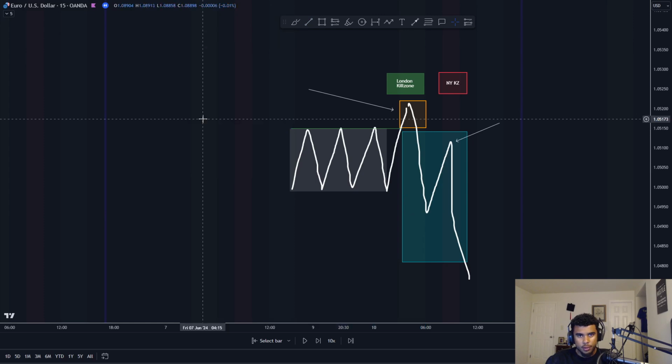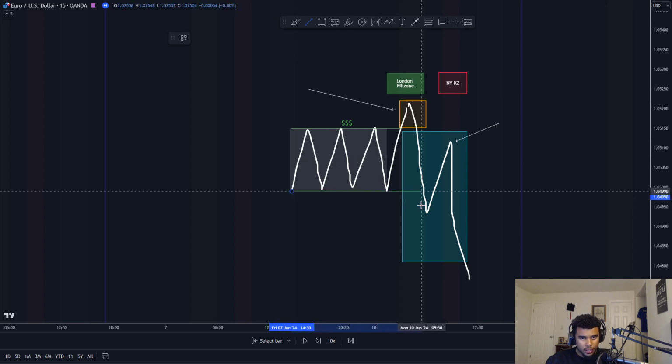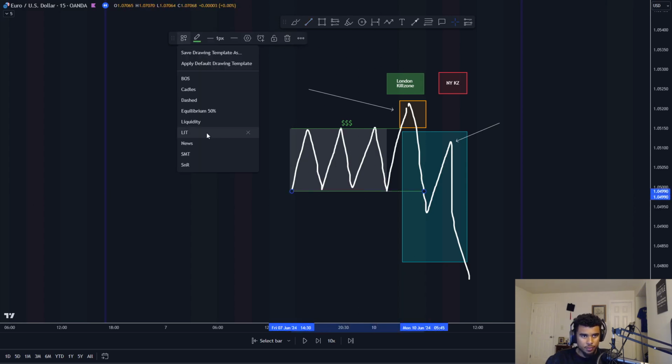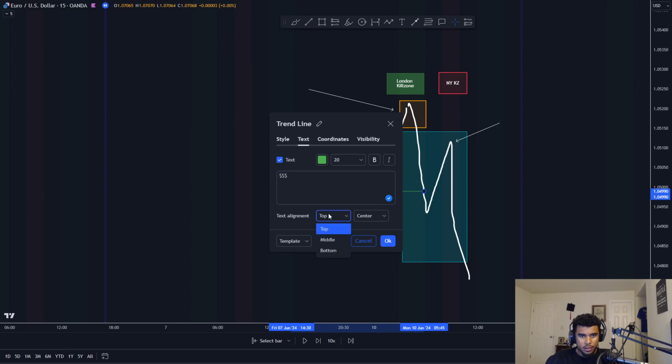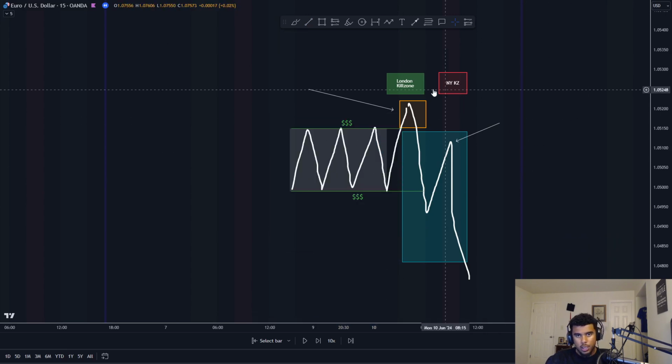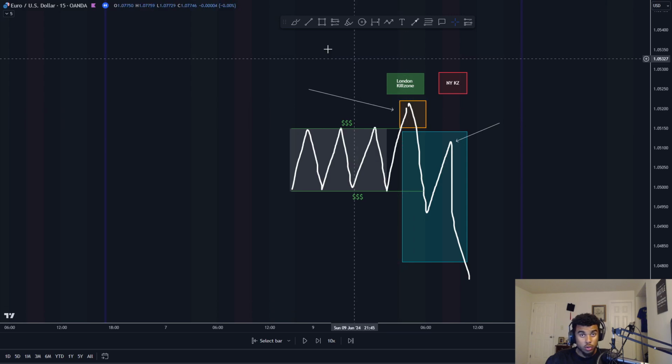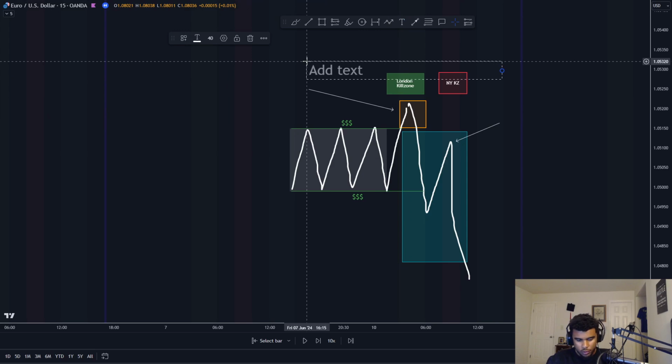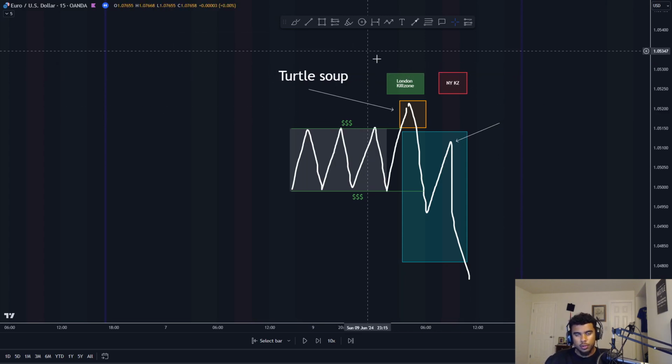You expect this to be liquidity, and you TP on the lower side of Asia. That's it. This is a recurring phenomenon where you enter here. This is what's also called, famously, the turtle soup. So this is how a turtle soup looks. Boom, and then comes down.